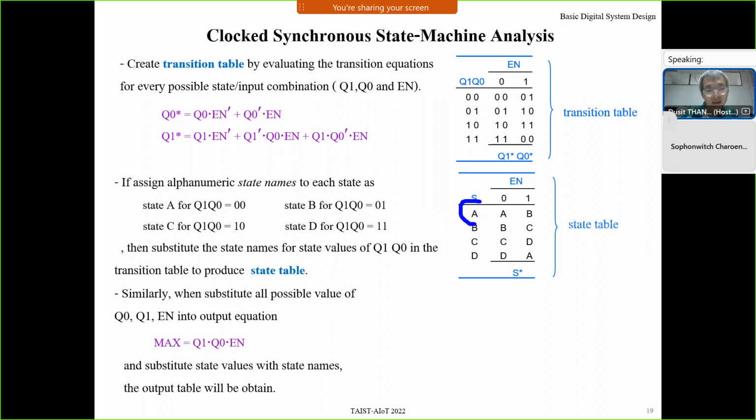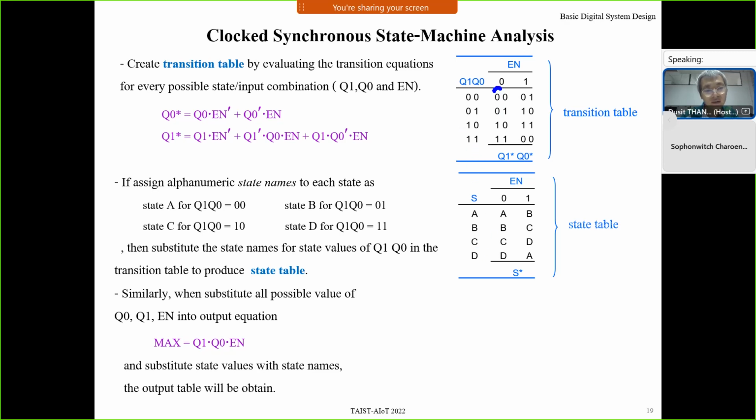State A means the value of Q1, Q0 is 0, 0. State B means the value of the state variables is 0, 1. C, Q1, Q0 is 1, 0. D is 1, 1.